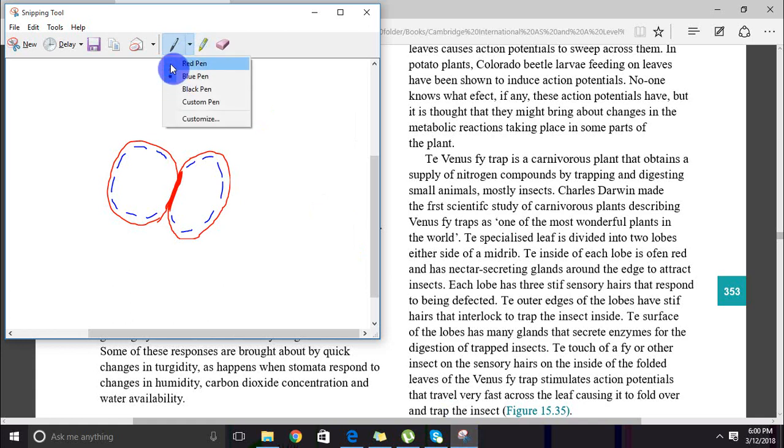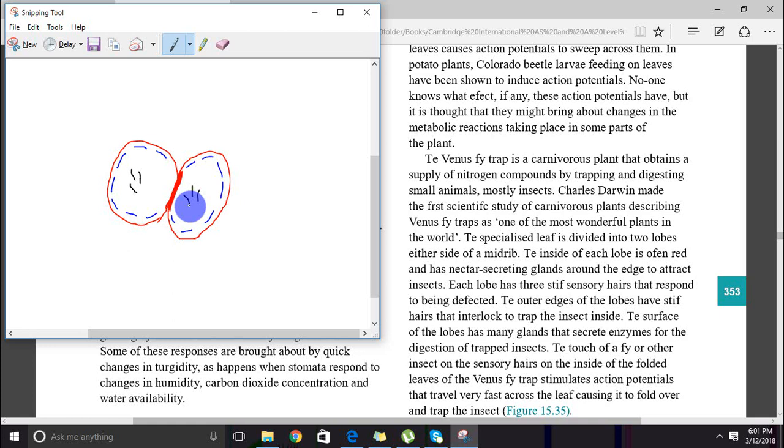Alright, so these sensory hairs are very stiff, and they aren't like our hair which just blows away, meaning they're really stiff. And by sensory hair you can see that they're definitely some sort of receptor. So 3 stiff sensory hairs per lobe, right?